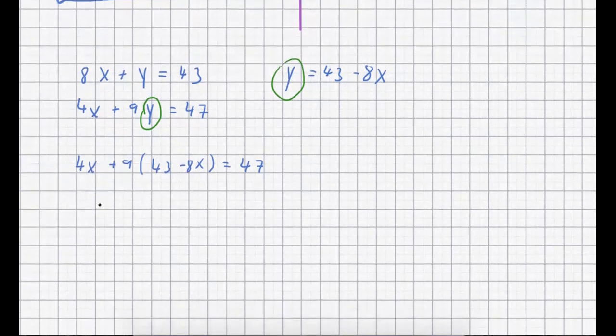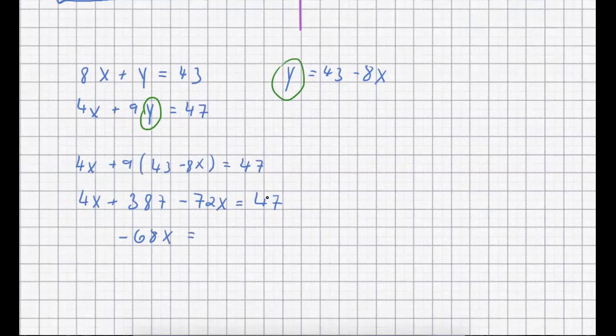Okay. And now open סוגריים. So 4x plus 9 times 43 is 387. Minus. And then 9 times minus 8 is minus 72x. Now you have 4x minus 72x, it's going to be minus 68x.